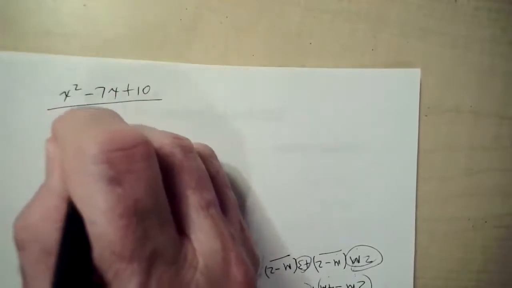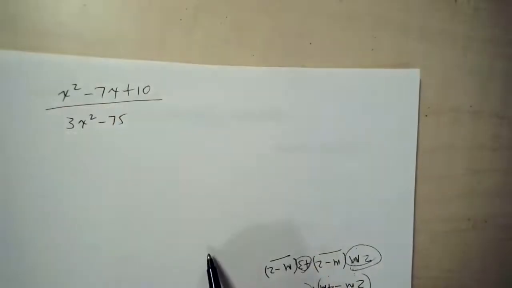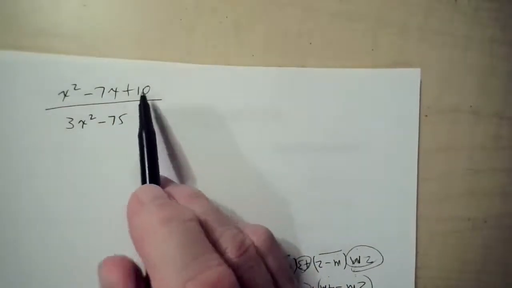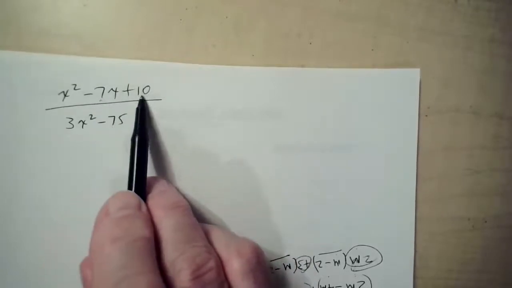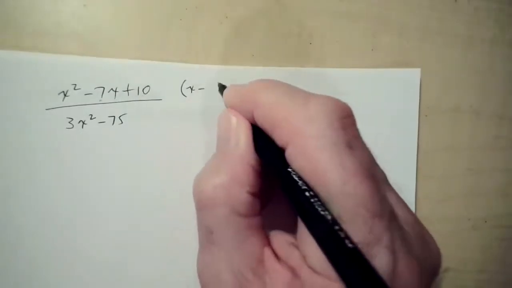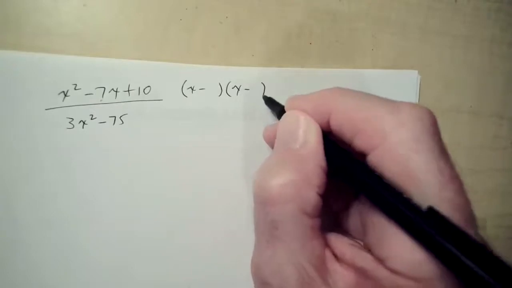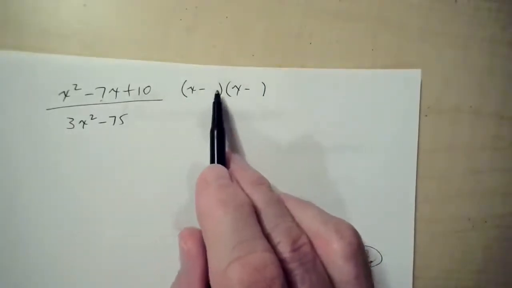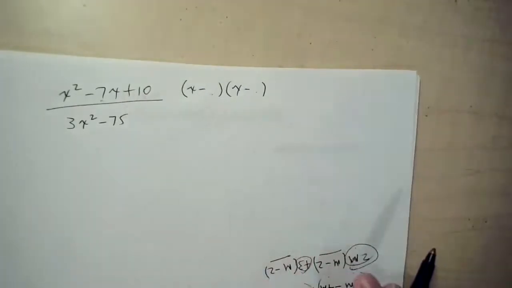X squared minus 7x plus 10 over 3x squared minus 75. Okay, we want to find the factors of 10. Now remember, when the linear term is negative and the constant is positive, it's going to be x minus something and x minus something.